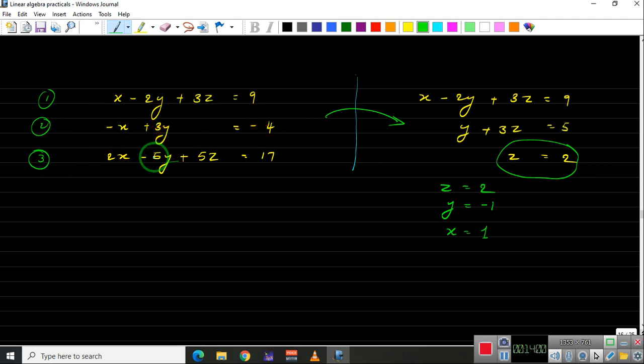You can cancel that 5. So multiplying an equation by a non-zero constant, again I repeat, it should be a non-zero constant, will not affect the solution set. And as the third operation, you multiply some non-zero constant here and add it to any other row, again you will have the same solution. And these are precisely our row operations.